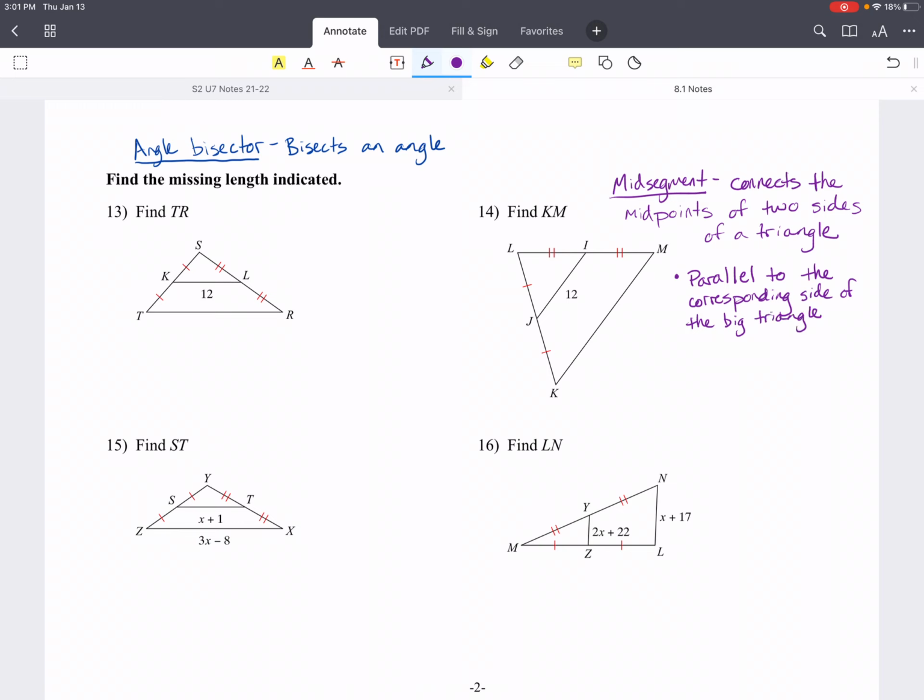So for example, KL here, I'm going to put a little parallel lines thing here. Those mean it's parallel, so KL and TR are parallel. And also, what you need to know is that the length is half of the corresponding side of the big triangle.